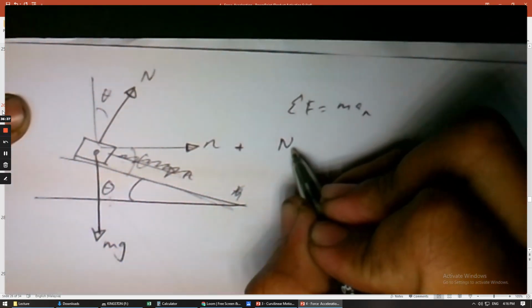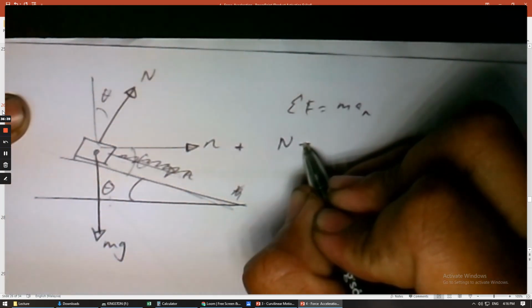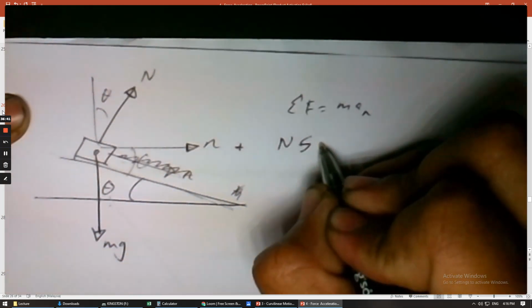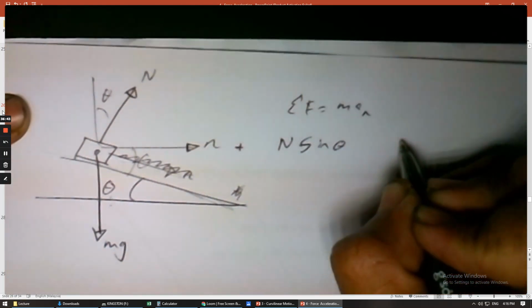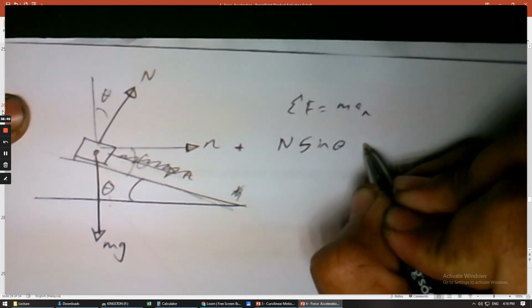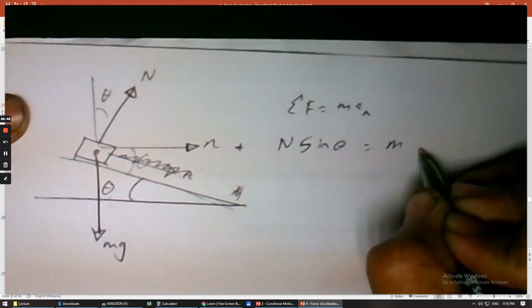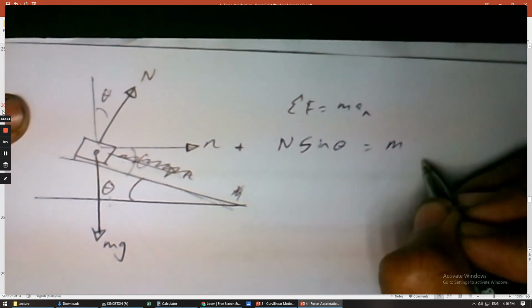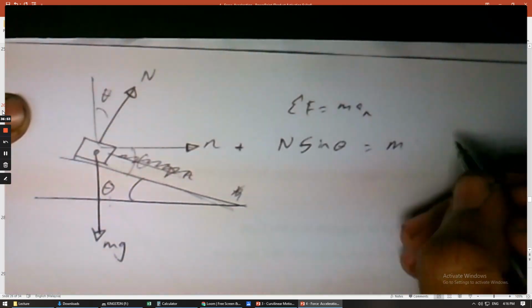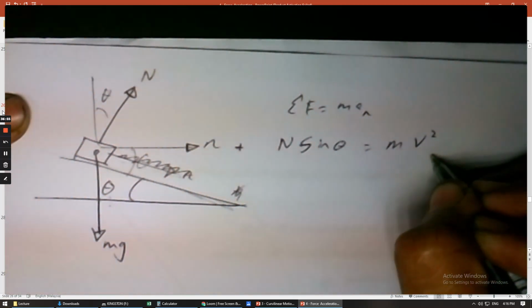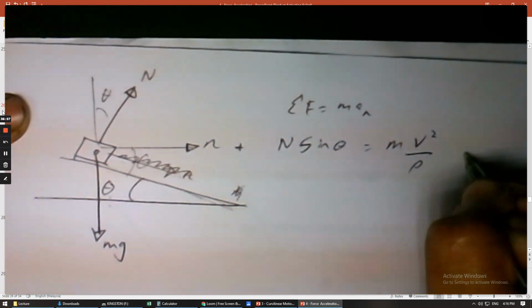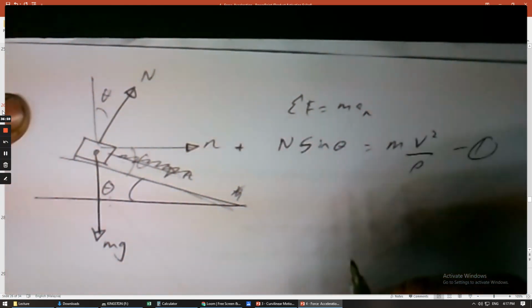So N, the big N, sine theta equals an, which from the previous lecture we know is v squared divided by rho, and that is the first equation.